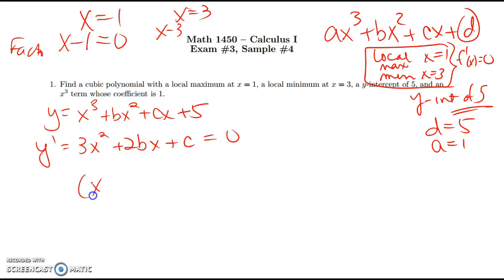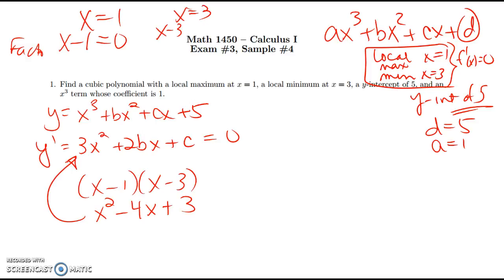So I know my factors look like this, okay? And if I put those together, I get x squared minus 1x minus 3x plus 3. Well, I don't quite match because I need a 3 in front of the x squared. So I actually can multiply this whole thing through by 3 to make that happen. So now this looks like 3x squared minus 12x plus 9.